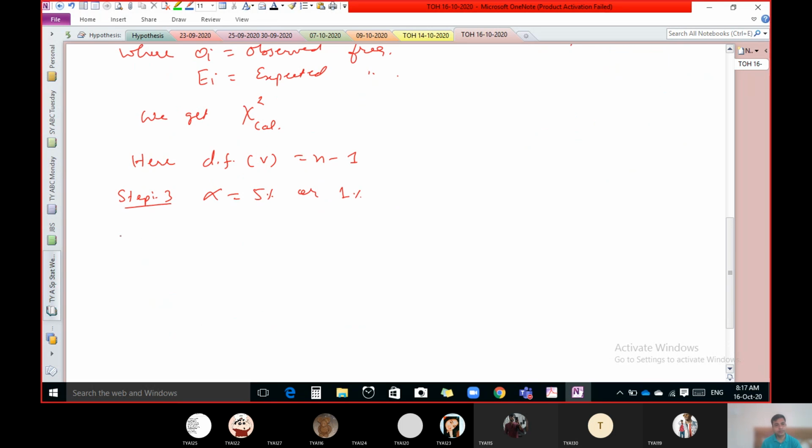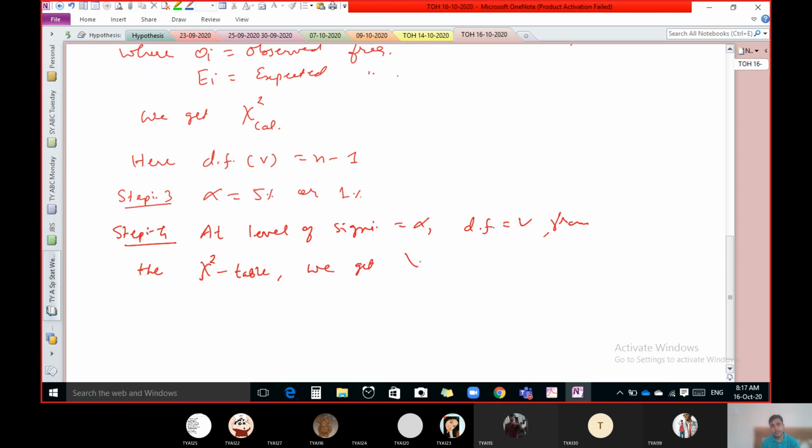Step 4, at level of significance equal to alpha, degree of freedom equal to V, from the chi-square table, we get chi-square 10.